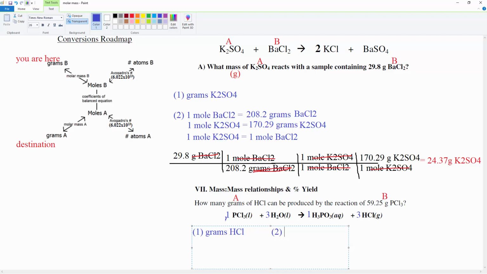We're given this piece here, right? 59.25 grams PCl3. And then if we're using our roadmap, it's going to tell us if I'm starting here and I'm going there, I'm going to need the molar mass of PCl3, the coefficients, and the molar mass of HCl, right? Okay, we can do that.